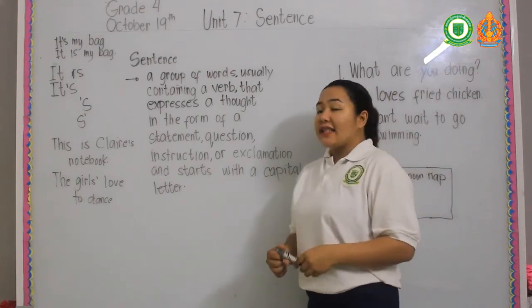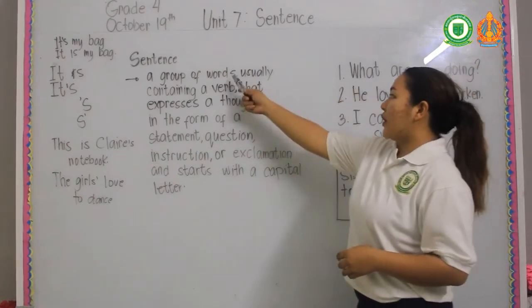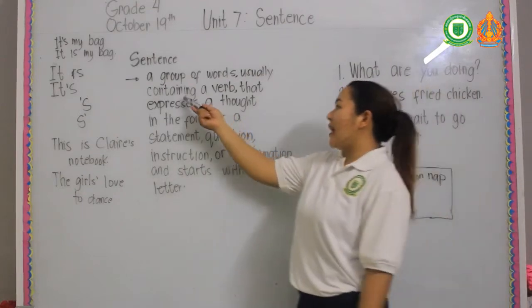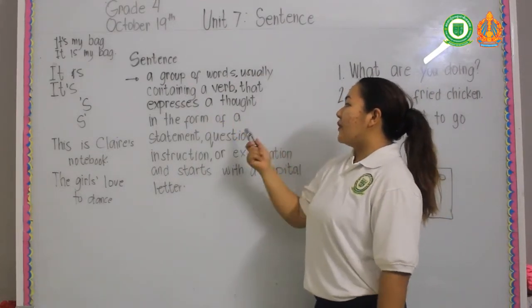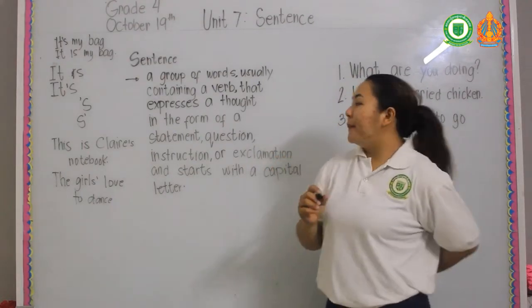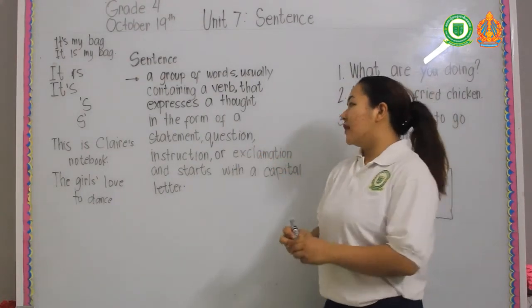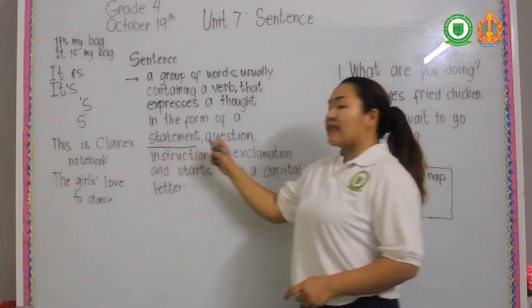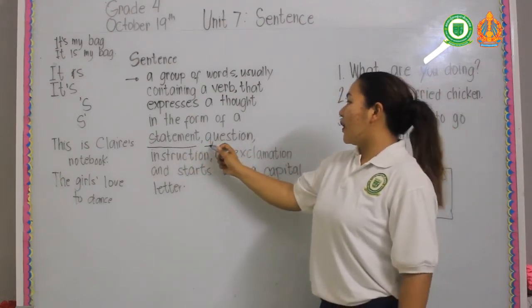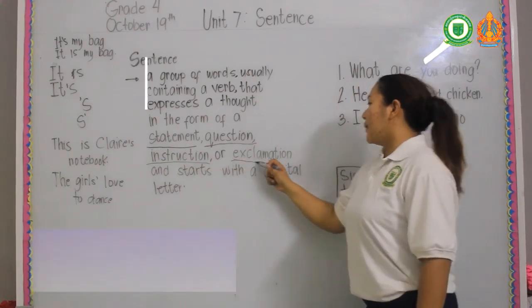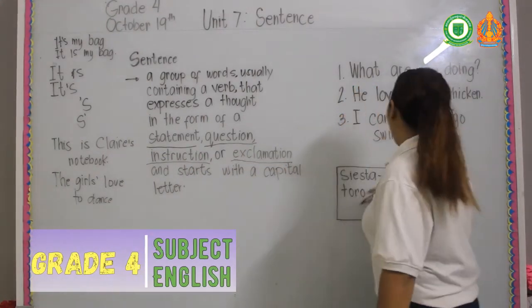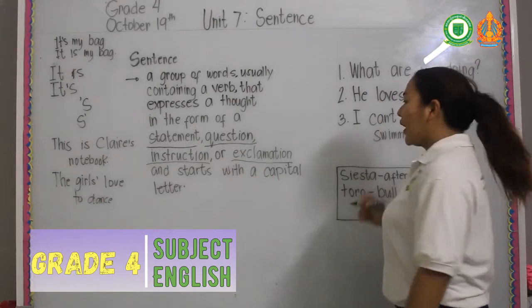A sentence is a group of words, usually containing a verb, that expresses a thought in the form of a statement, a question, an instruction, or an exclamation, and starts with a capital letter.